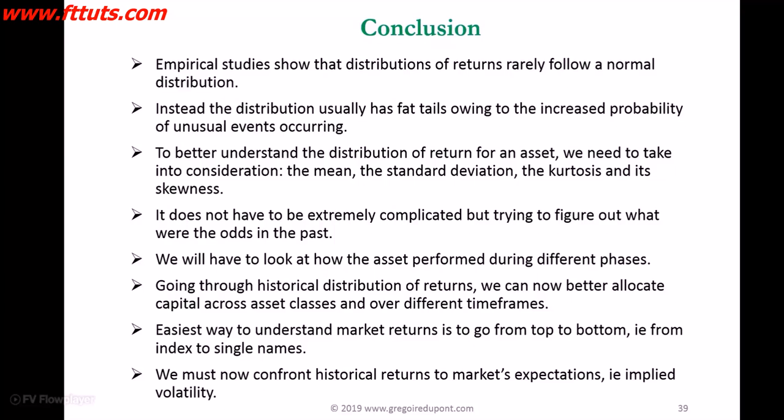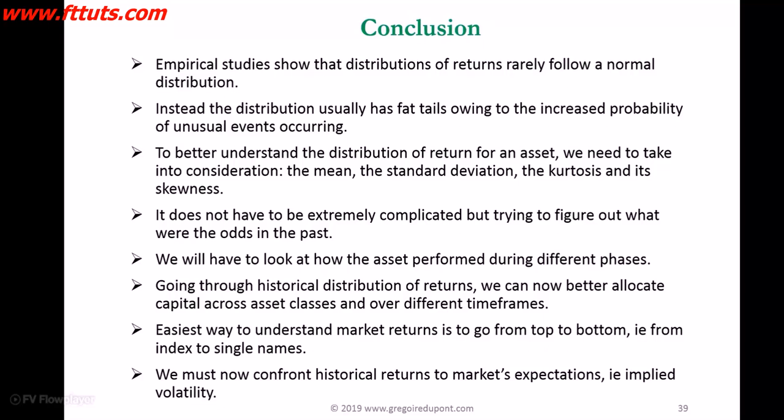The easiest way to understand market return is to go from top to bottom, i.e. from index to single names. So I strongly suggest you first look at the stock indexes like the S&P 500, the Nasdaq 100, the Euro stocks, the Stoxx 600, looking at the big historical returns, doing the same, for instance, for ETFs, then scroll down into single names.